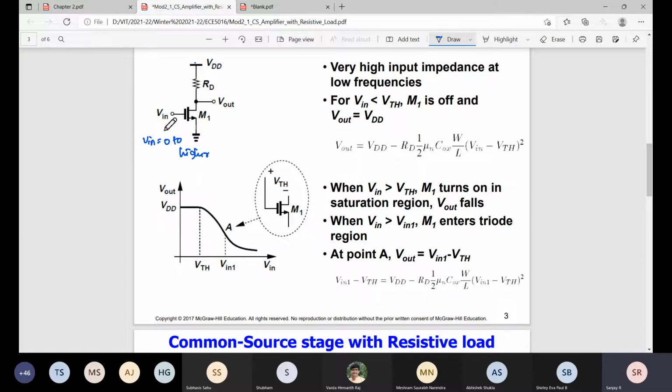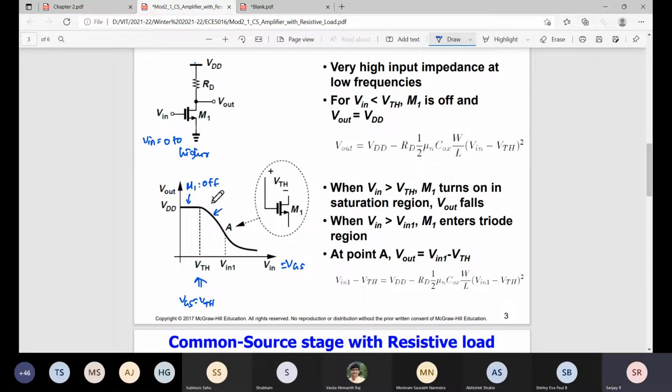First, Vin is low. The transistor is off. Off means no current, so Vout simply equals VDD. So the initial drain voltage is VDD. Now if I increase Vin, which here is VGS, when VGS equals VTH, the transistor is on.